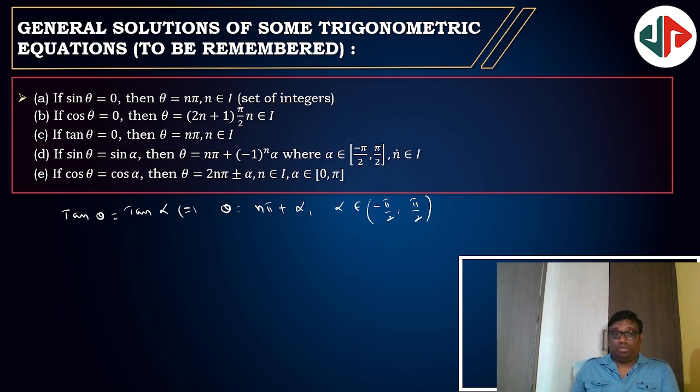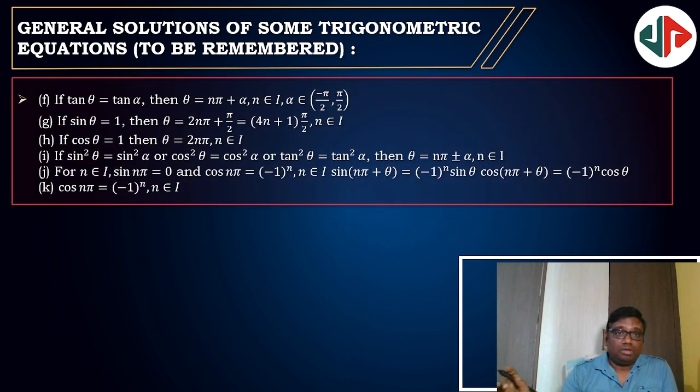Kindly remember these formulas. In the same manner, if sin theta is equal to 1, theta is always equal to 2n plus 1 times pi by 2, or 4n plus 1 times pi by 2.